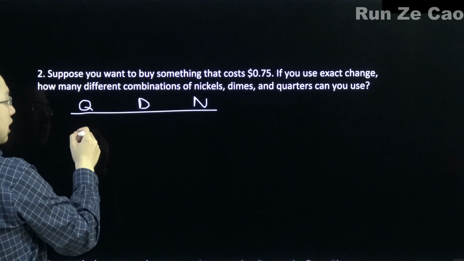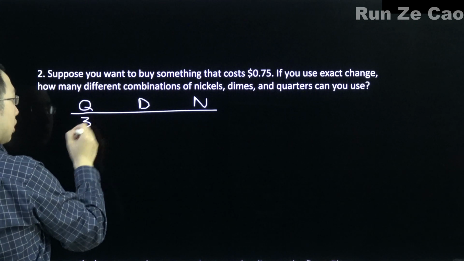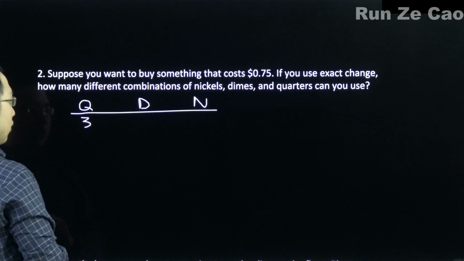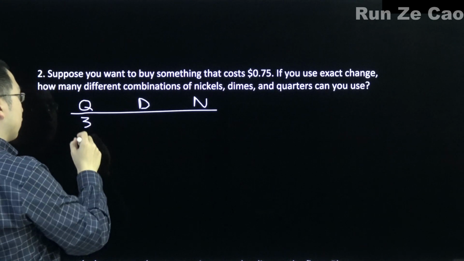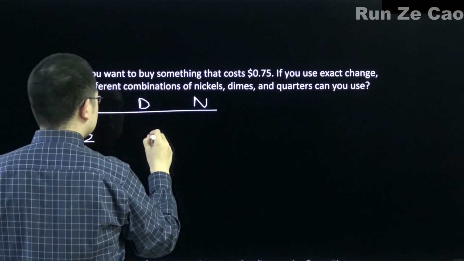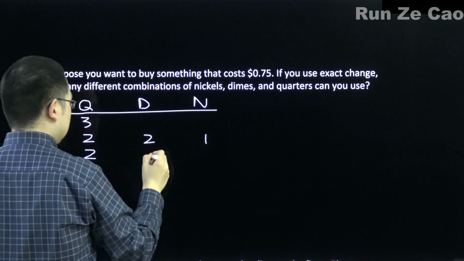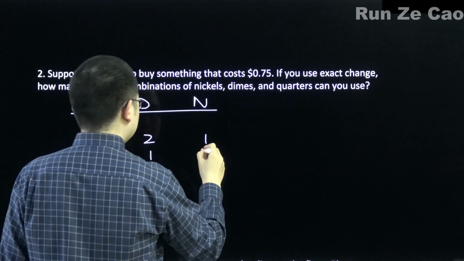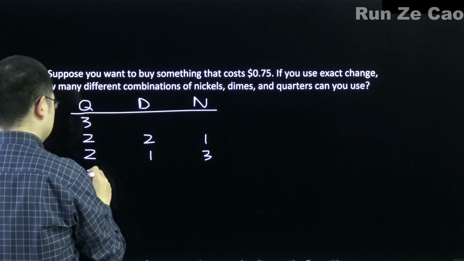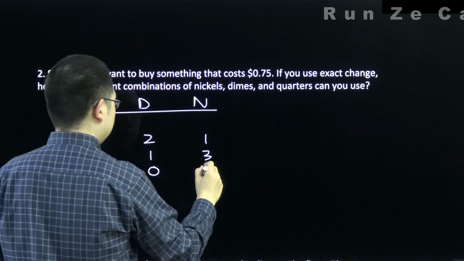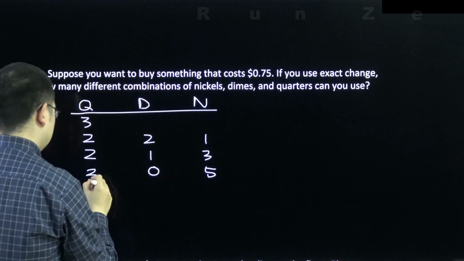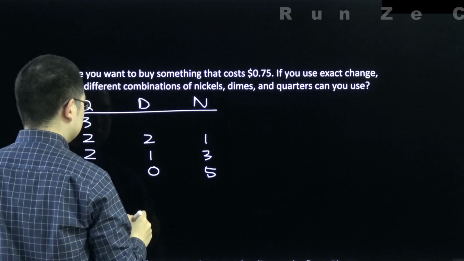So, first option is that you use 3 quarters. Okay, and then you can get rid of one of your quarters and use 2 dimes and a nickel. Or you can use 1 dime and 3 nickels, or 2 quarters, 0 dimes, and 5 nickels, and 1 quarter.